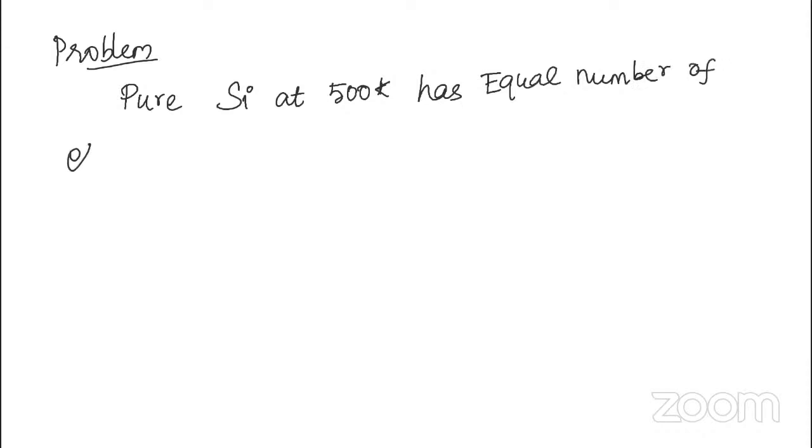Pure silicon at 500 Kelvin has equal number of electrons, that is Ne, and holes, that is NH.